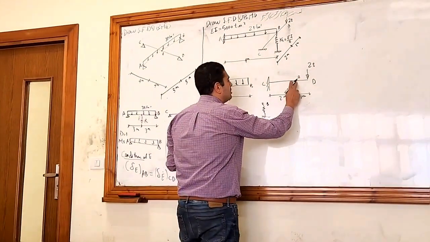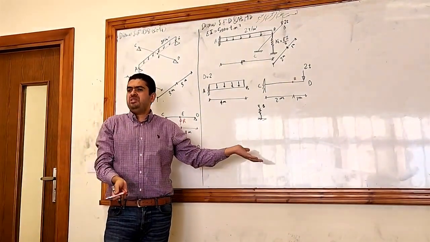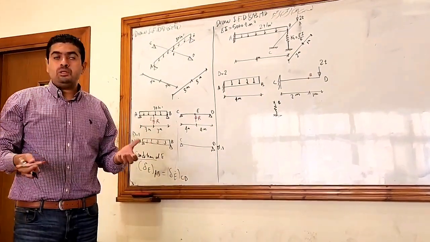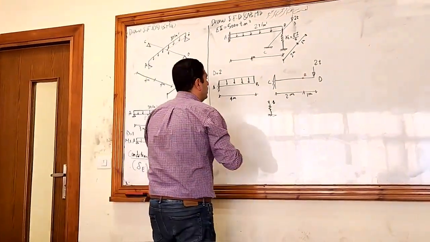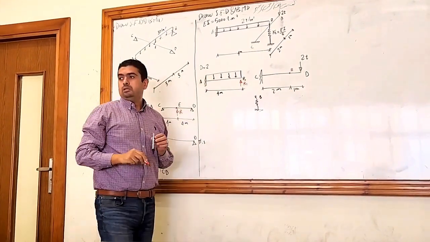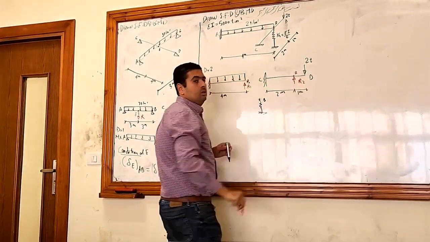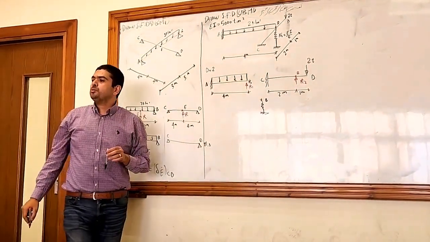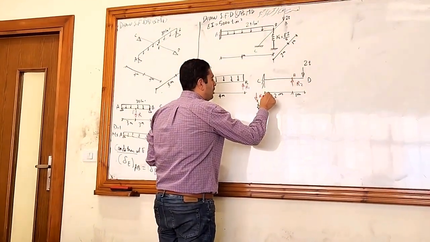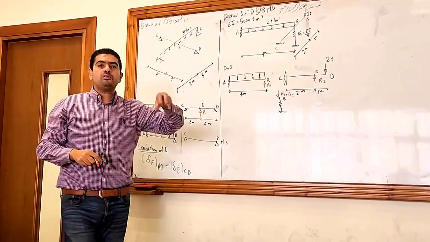If this is R and this is an opposite R, the spring reaction would be 0. It's not 0. It's a support that has to have a reaction. So here we will put R1 and the other side will be R2. What will be the reaction of the spring? R1 plus R2, or R3, and R3 will be R1 plus R2.